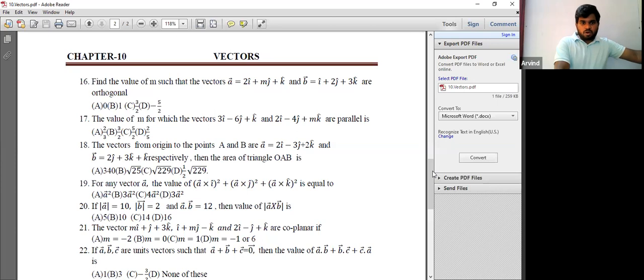The vectors from the origin to the points A and B are given. Then the area of the triangle. First find A cross B, take the modulus of it and divide by 2. As I said, half of mod of A cross B. To find A cross B, take the modulus of it and divide it by 2.